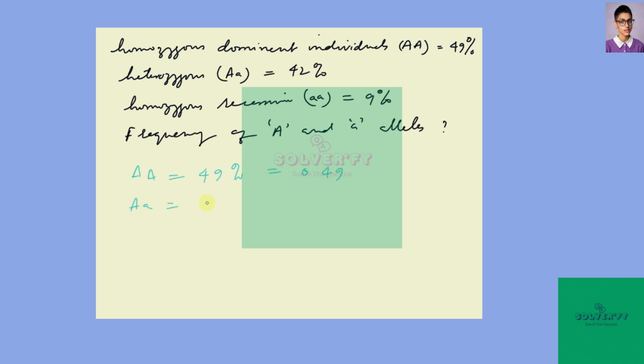Likewise, Aa, which is 42%, forms 0.42, and the recessive aa, which forms 9%, is equal to 0.09.